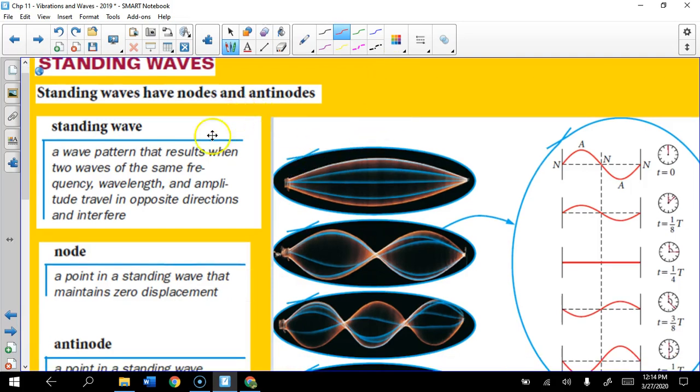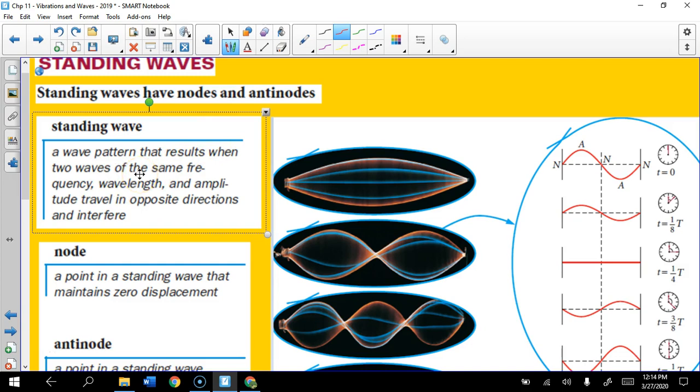So let's first talk about what a standing wave is officially. It's a wave pattern. It's not a new kind of wave. It's not like there are transverse waves, there are longitudinal waves, and then all of a sudden there's a standing wave. No, a standing wave is something that happens to a wave. A standing wave is a pattern that results when two waves of the same frequency.